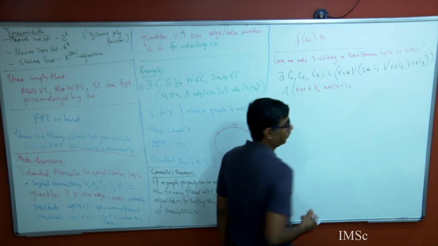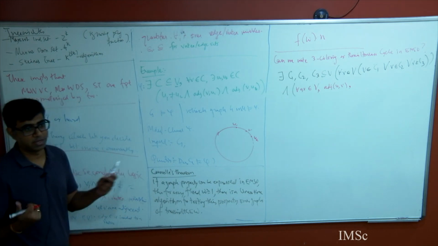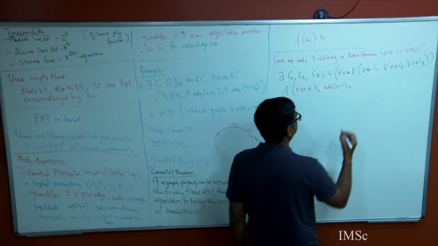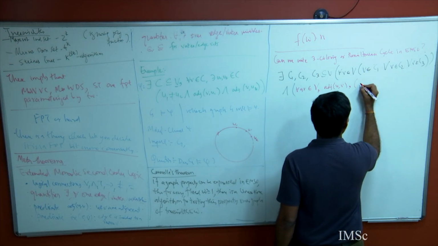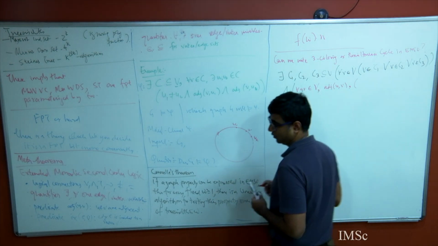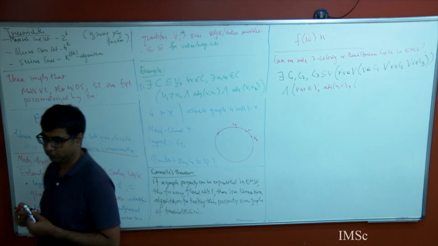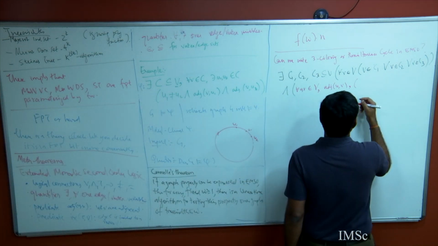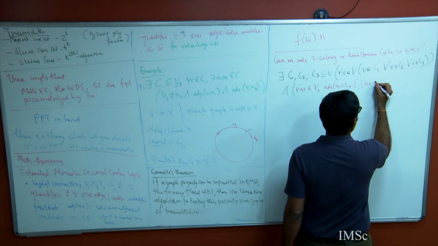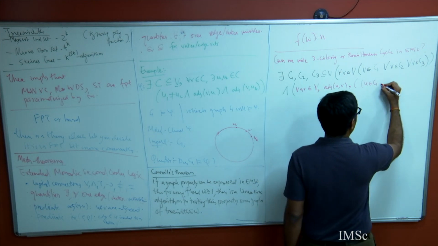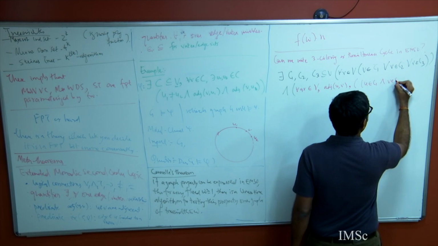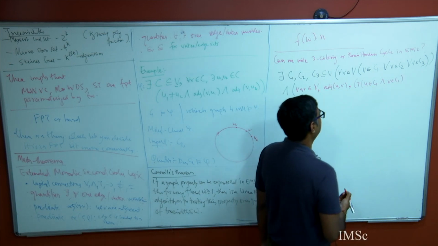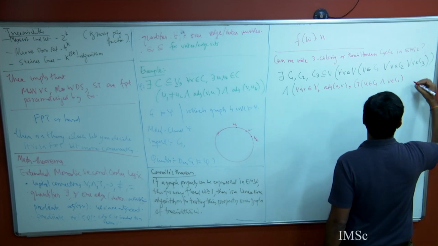if u and v are adjacent in my graph, then what should be true? It should not be true that u is in C1 and v is in C1, so the complement.